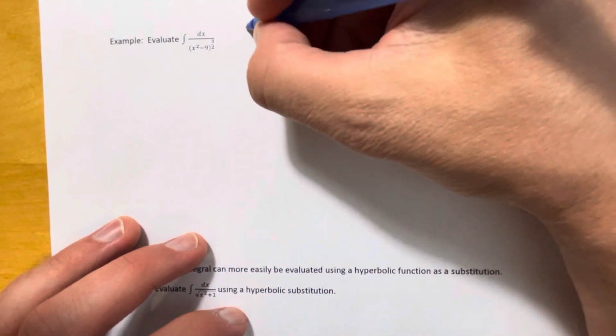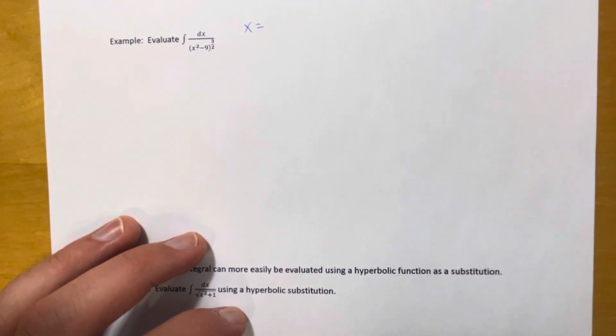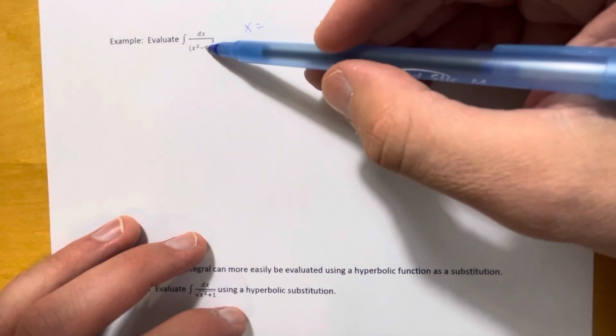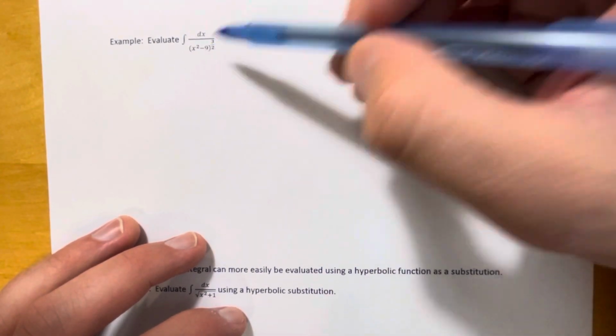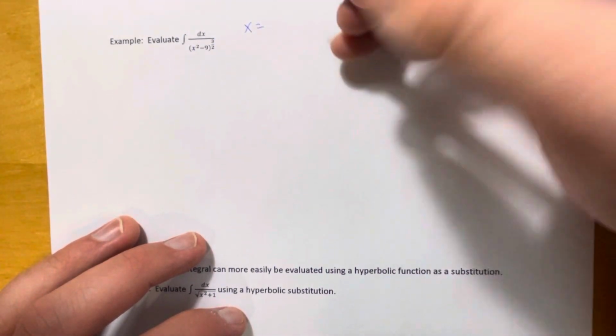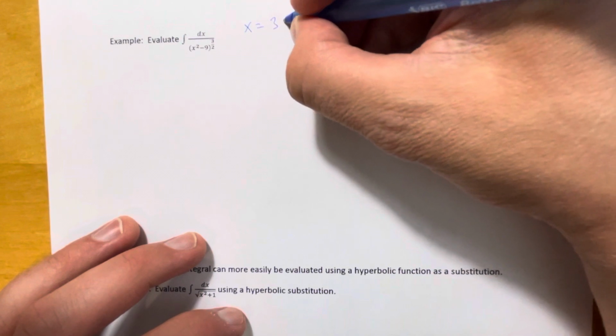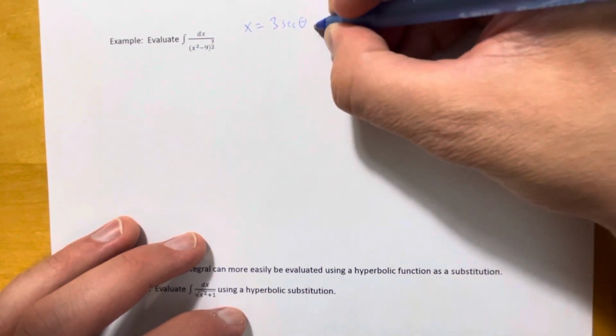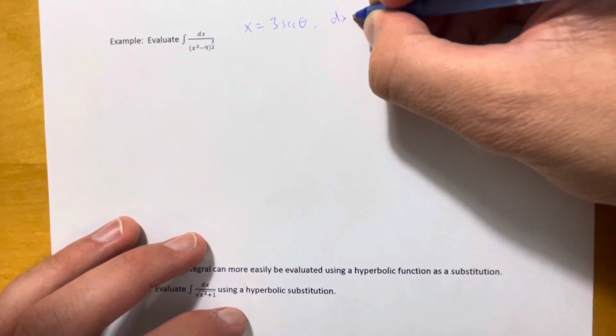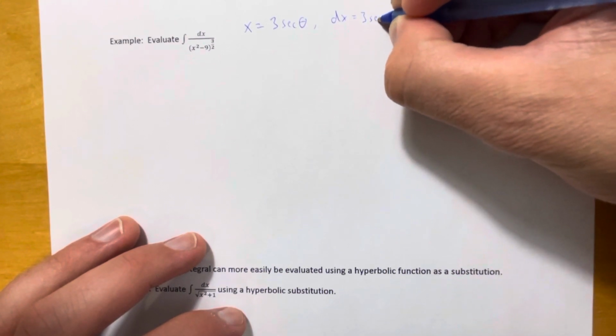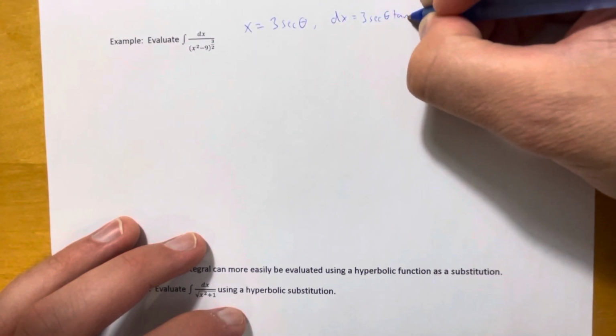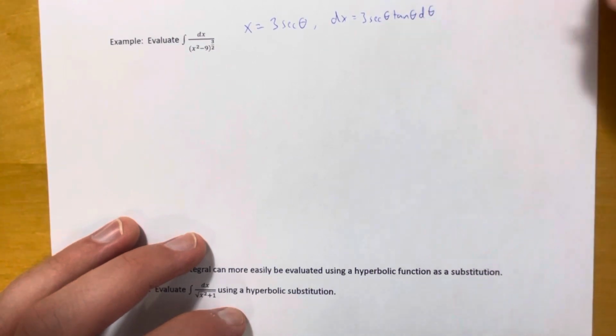So I am going to set x equal to, and remember it would be a secant of theta, where the a comes from this constant. So that's a 9, which represents a squared. That means my a would actually be a 3. 3 secant of theta, which means my dx equals 3 secant theta tangent theta d theta, okay?